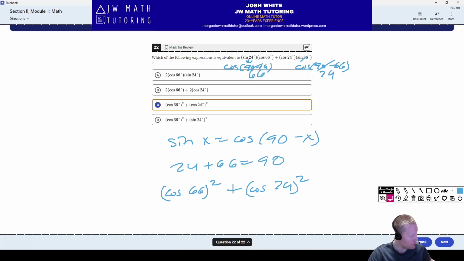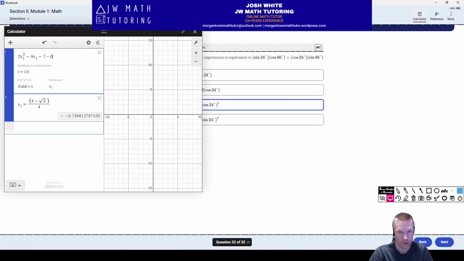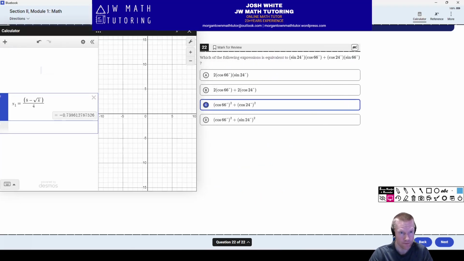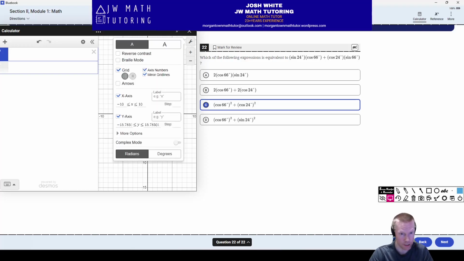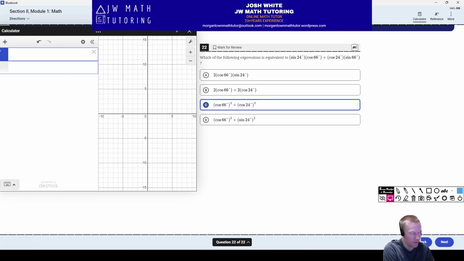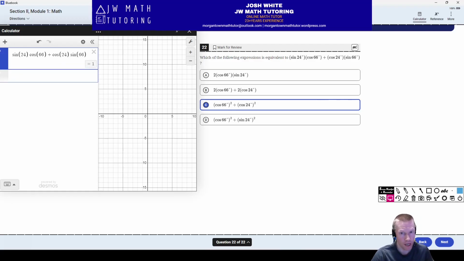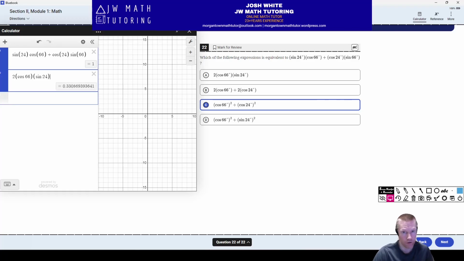Now you could also just get this in Desmos as well. So if we go to Desmos, first we need to make sure, click the gear icon, that we are in degree mode. So you could type this whole thing out. Okay, so notice this whole thing happens to be equal to 1. Then you could go through answer choice A. Is this equal to 1?